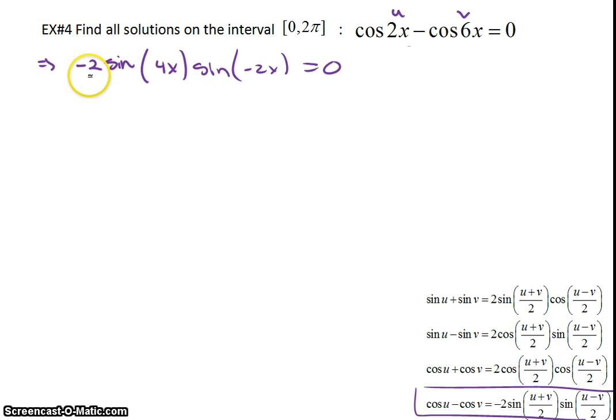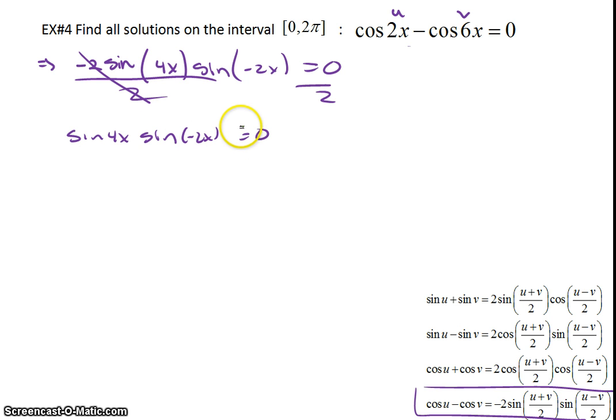And so now I can divide both sides by this negative 2, and it cancels. So I have sine of 4x times the sine of minus 2x equals 0. And now, since two things are multiplied together equals 0, I can just set each equal to 0. So sine of 4x equals 0, and the sine of minus 2x equals 0.